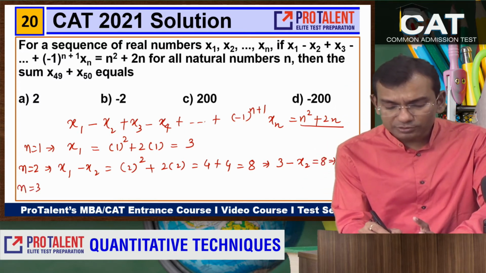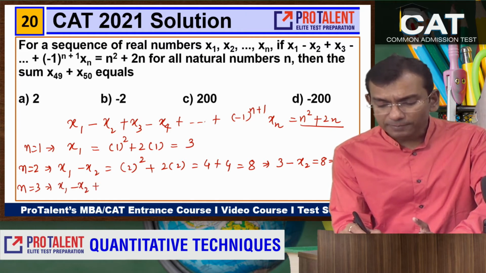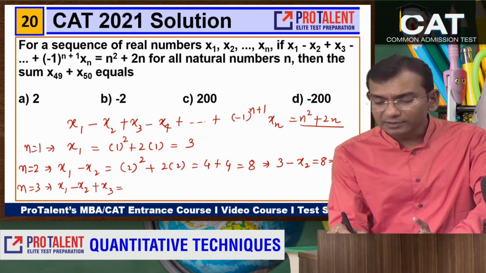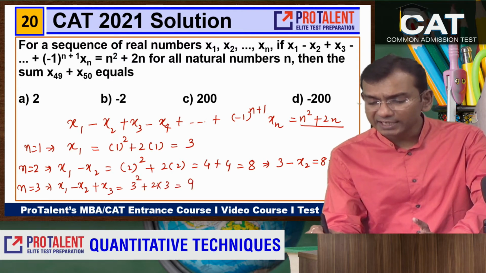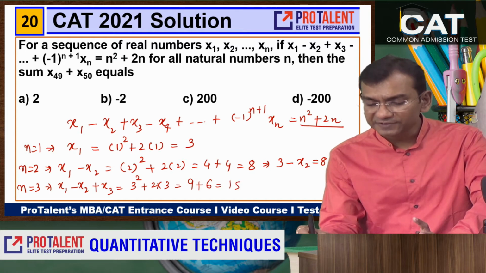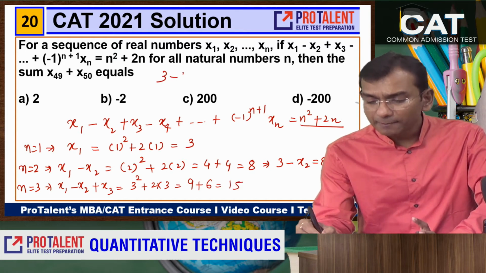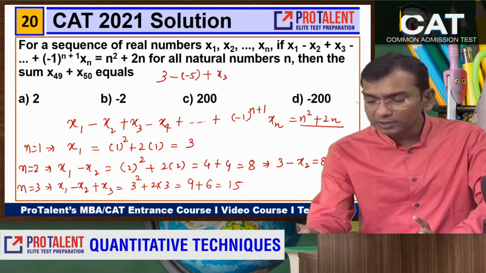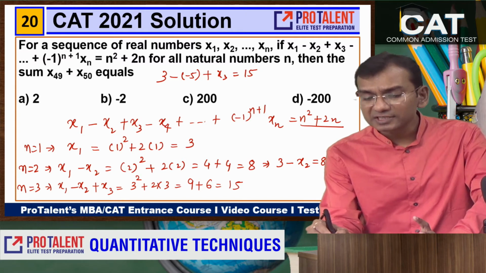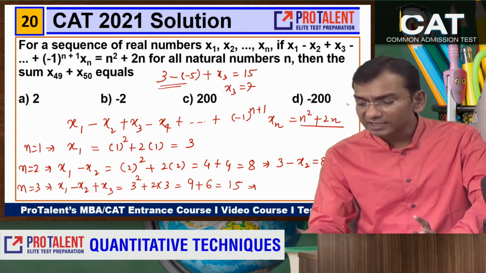When I take n equal to 3, I get x1 minus x2 plus x3 is equal to 3 square plus 2 into 3, which is 9 plus 6, that is 15. x1 is 3, x2 is minus 5, so this is 8. x3 is equal to 7.